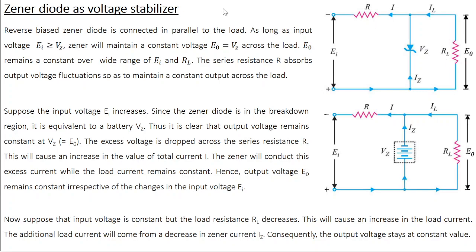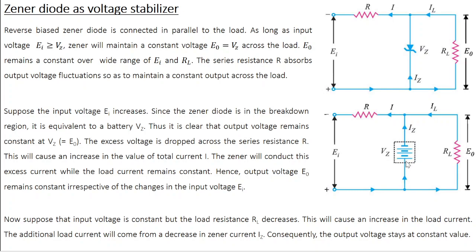Now let's see how this stabilizer circuit is able to withstand the changes in input voltage and the load resistance. Suppose the input voltage EI increases. Ideally, when the voltage increases, the output is going to increase, right? Since the Zener diode is in the breakdown region, we know that it is equivalent to a battery of constant voltage VZ.